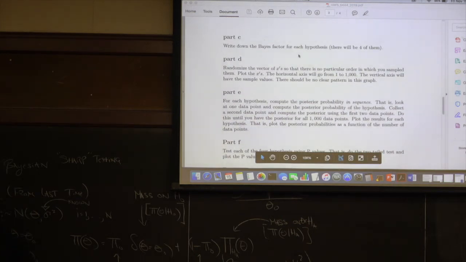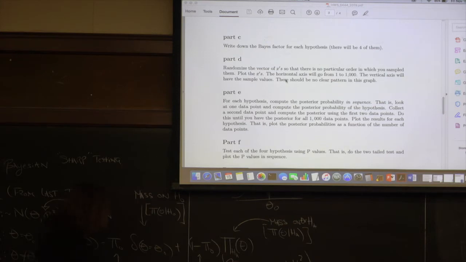And so I want you to write down the Bayes factor for testing each of these hypotheses. You'll notice that you'll need to take probably a logarithm of sums of things. We talked about that a couple weeks ago to try to figure out how to do that. There is a numerical issue that appears in this problem, and it's your task to solve it. So I want you to randomize all the x's, and then I want you to compute a Bayes factor or the corresponding posterior probability of the null hypothesis as a function of n.